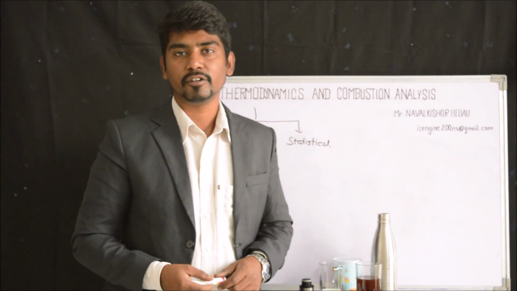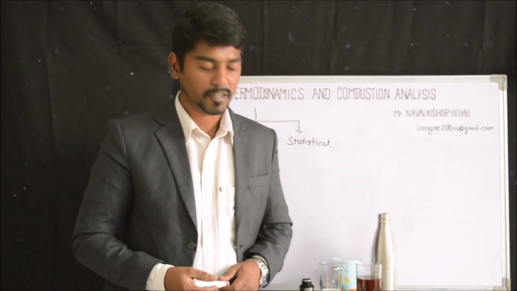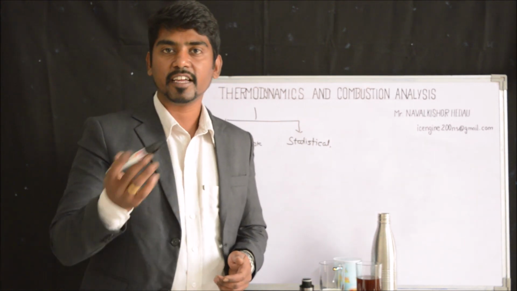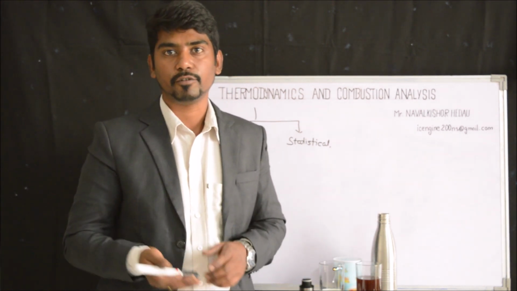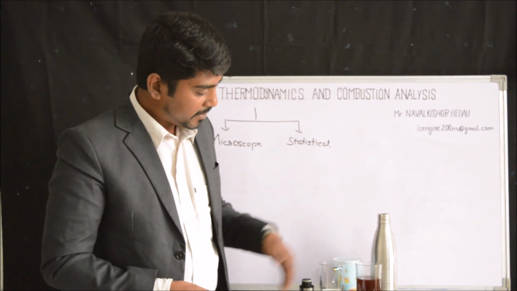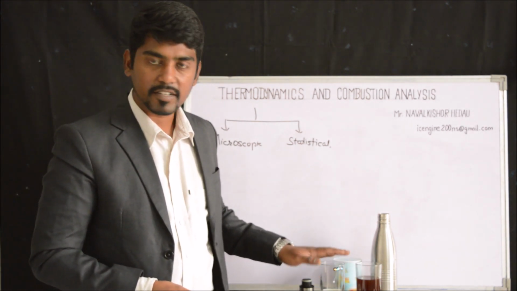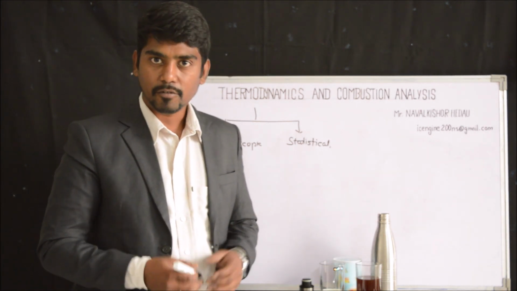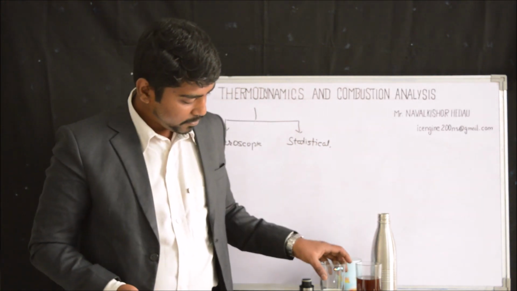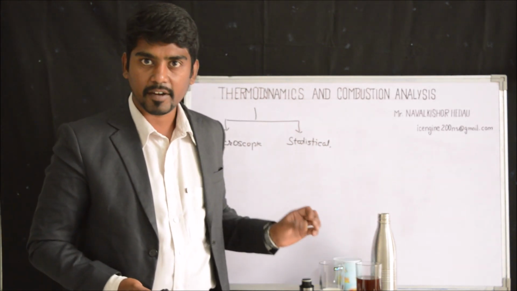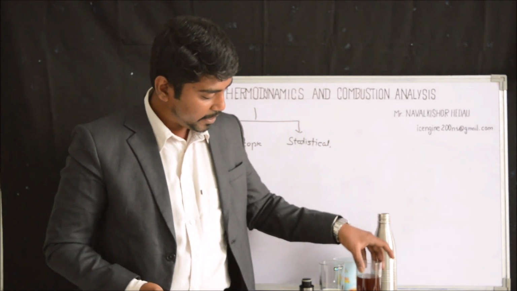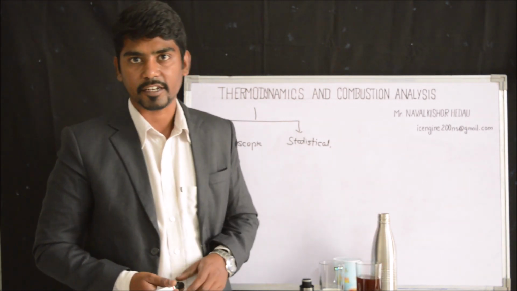Depending on the percentage of fats present in the milk, the specific heat may vary by 10 to 15 percent. Nevertheless, the specific heat of milk is always less than that of water. What does that mean? To heat the milk we require less heat, and to heat the water we require more heat.